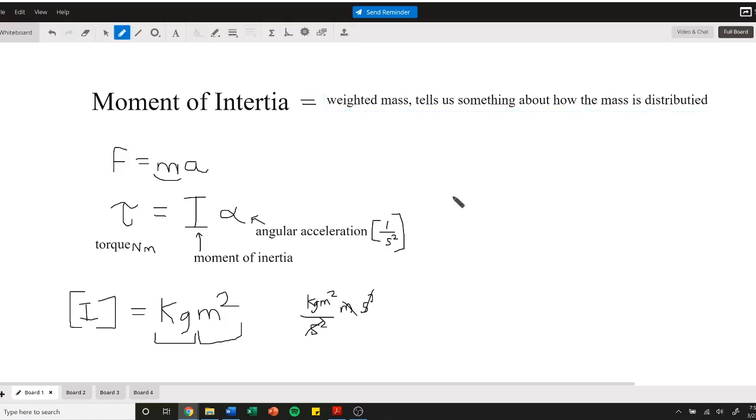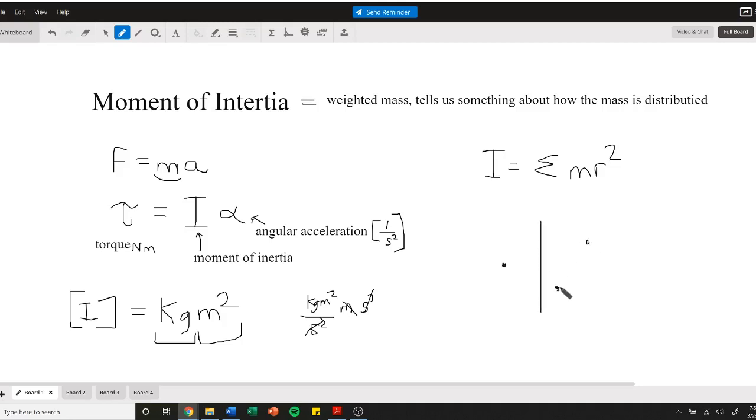The basic formula for discrete particles for moment of inertia is I equals the sum of mass times radius squared. So maybe you have a bunch of different particles rotating around an axis.